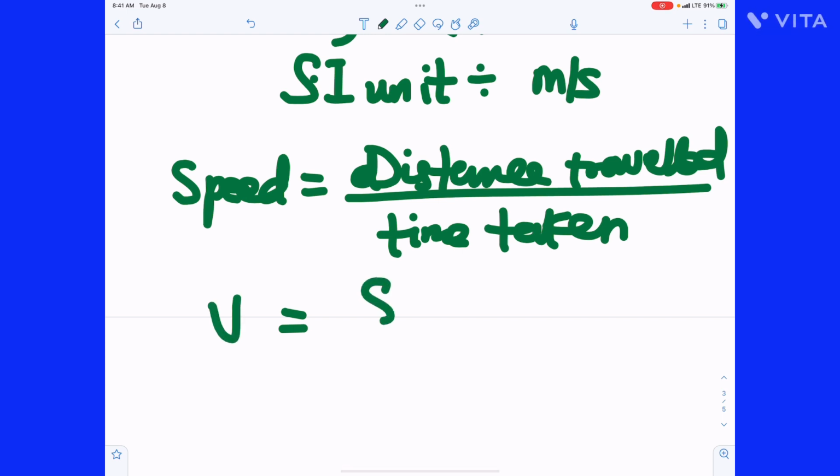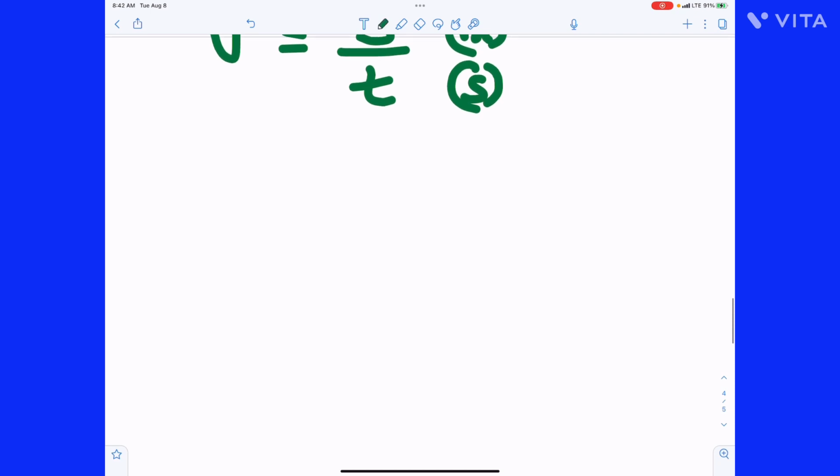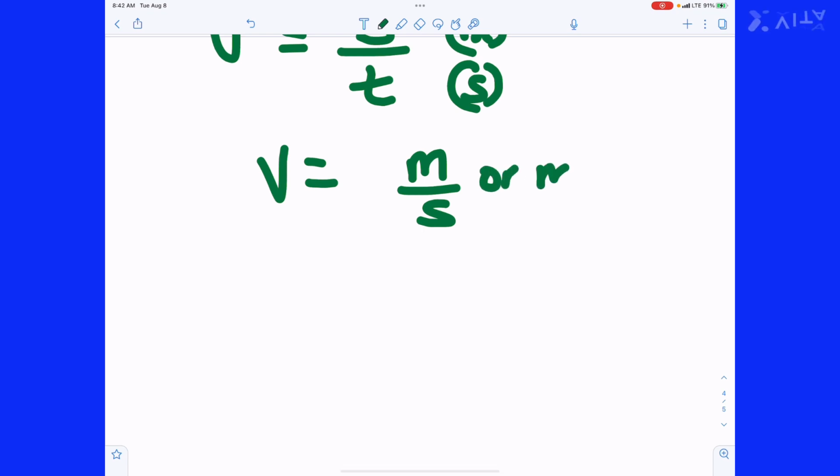So V is equal to S over T. S is in meters, T is in seconds. That's how we came about the SI unit of velocity as meters per second. Or we write it like this, or meter per second.